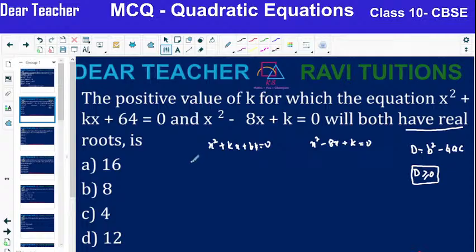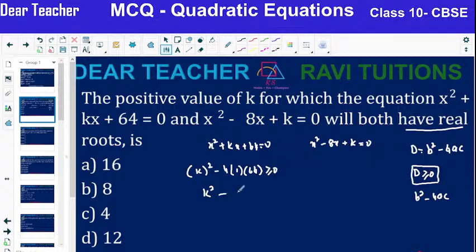So b square minus 4ac, let us find out for both the equations. For the first, a is equal to 1, b is equal to k. So k square minus 4ac, 4 into 1 into 64, is greater than or equal to 0.